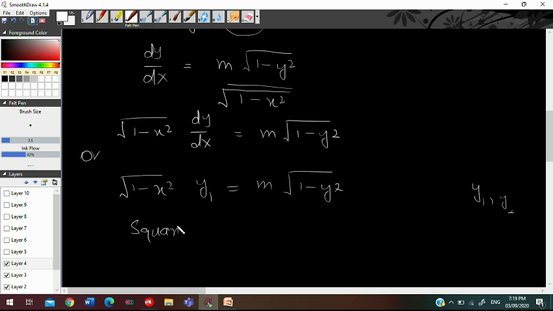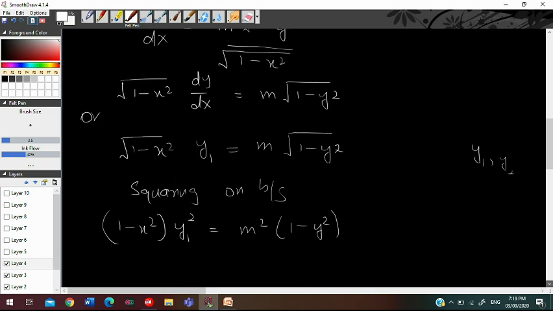So (1 − x²) y1² equals m²(1 − y²), and the roots will be cancelled with the power 2, and this is our first equation.